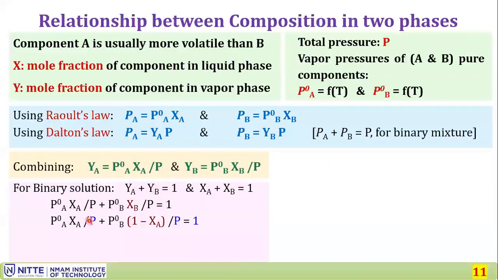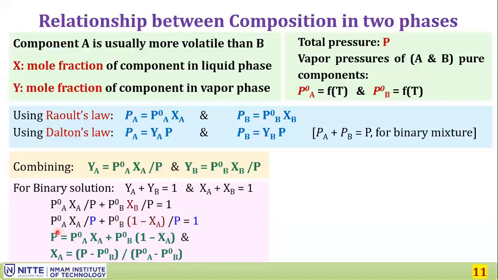P is common in the denominator, so I can take this P to the other side of the equal sign. Second thing, this XB can be written as 1 minus XA. Now if I take this P to the other side, P will be equal to P naught A XA plus P naught B into 1 minus XA.